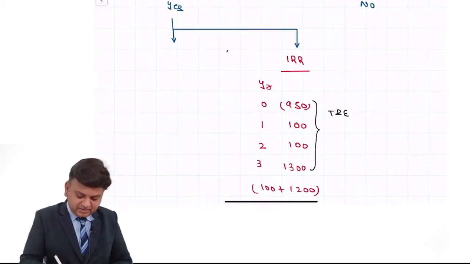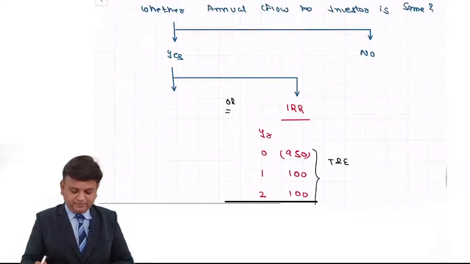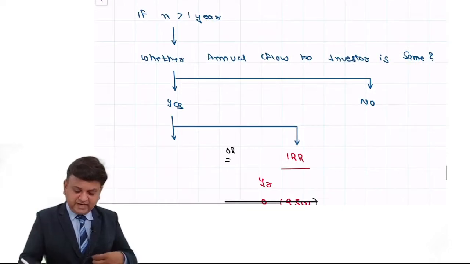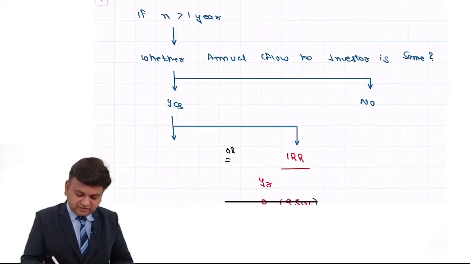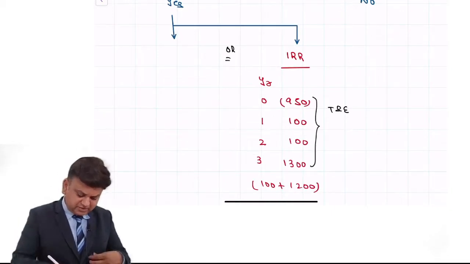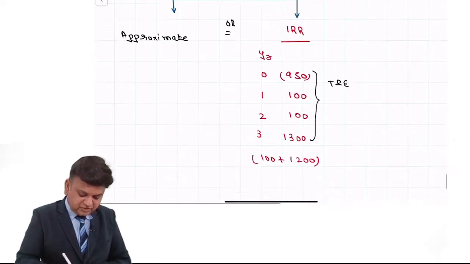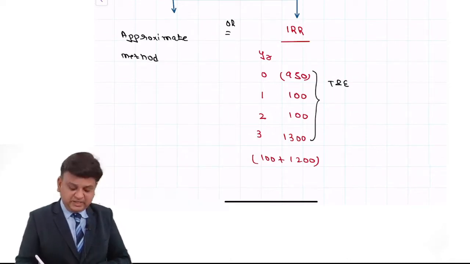This is the method by which you can do answer if at all you want to compute the return. At the same time, listen carefully. In this kind of question, in which type of question? Where annual cash flow is same for the investor. You can also make the calculation of answer using approximate method. In case of approximate method, listen carefully, you can do working like this.